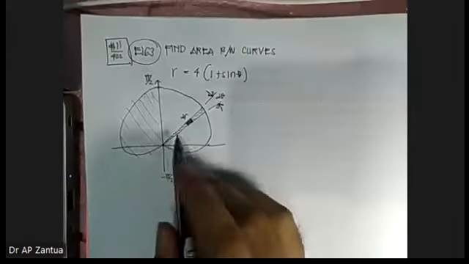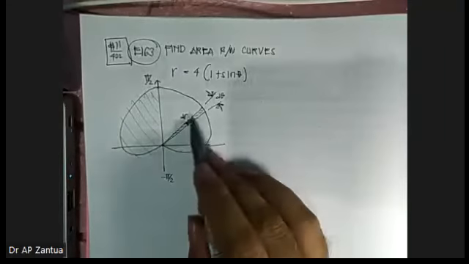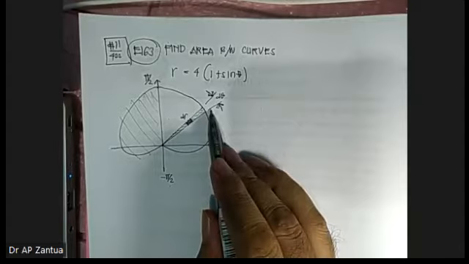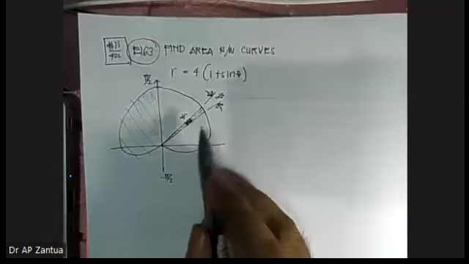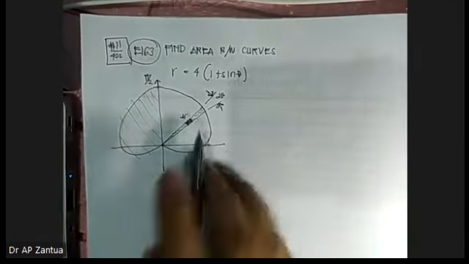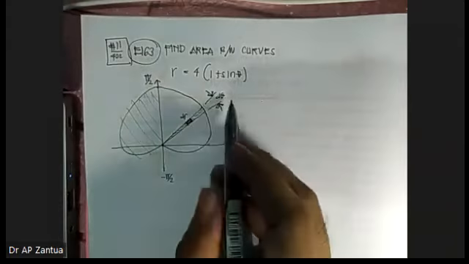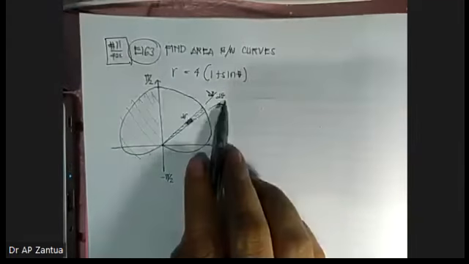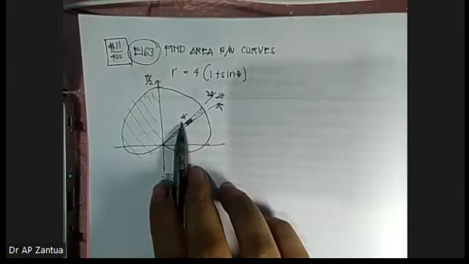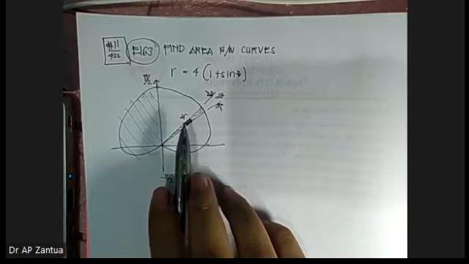So now I will draw an infinitesimal strip. And again, inside the infinitesimal strip, I will draw the second infinitesimal strip, dr. So I also have the outer strip d theta, inner strip dr. This outer, this is obviously inner.